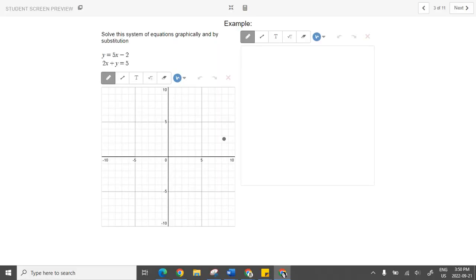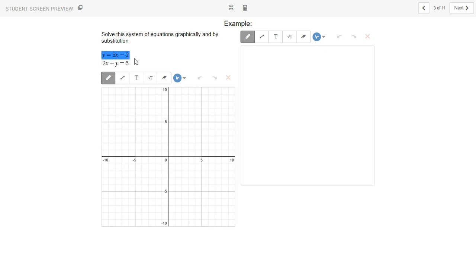Let's take a look at this example for us to solve. We're going to solve this graphically and by substitution. So first of all, when we're solving graphically, we need to look for the y-intercept and the slope. So the first equation, we're going to start at -2, and we're going to rise by 5 and run by 1.